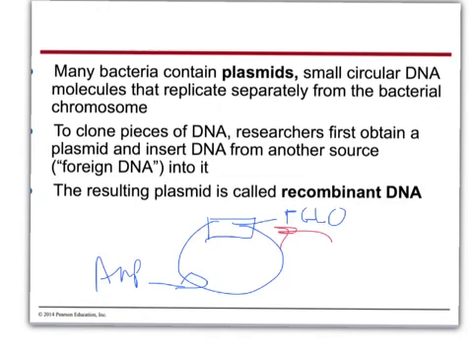Recombinant refers to something that's put back together. It's recombined. So you have pieces of DNA from different origins that you put back together and make some Frankenstein thing. This is your plasmid. That's the basis of genetic engineering and recombinant DNA.